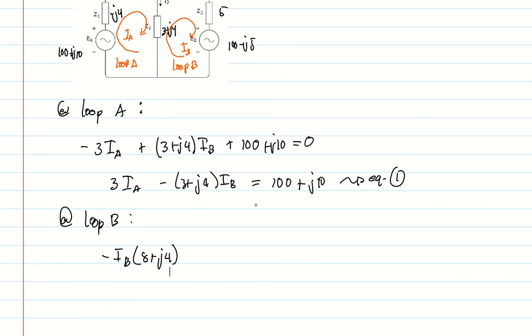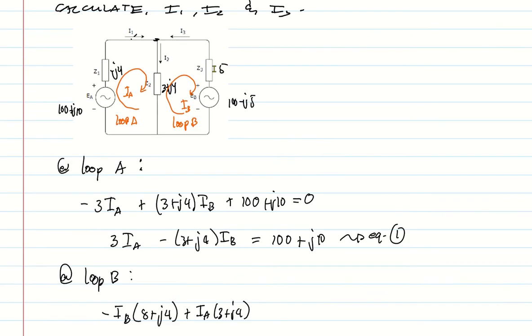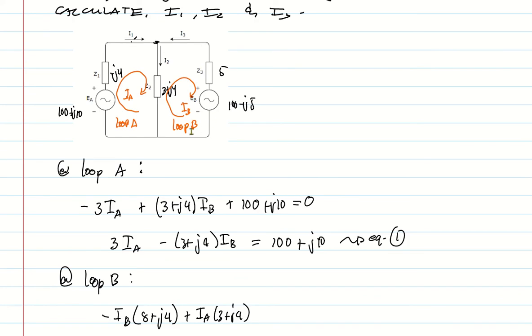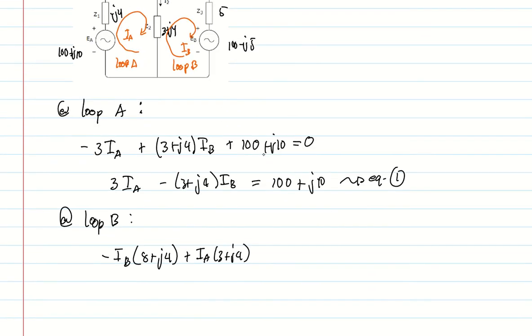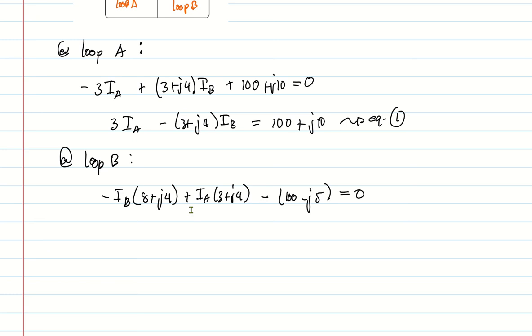IB is minus, so it's the opposite sign: plus IA multiplied by 3 plus j4. Lastly, the voltage should be negative: minus 100 minus j5 equals 0. Then we can rearrange. We put IA first: 3 plus j4 IA, then 8 plus j4 IB.